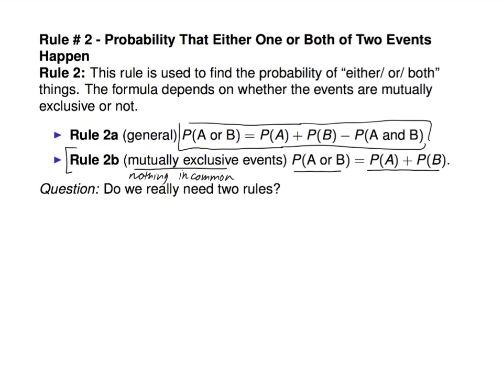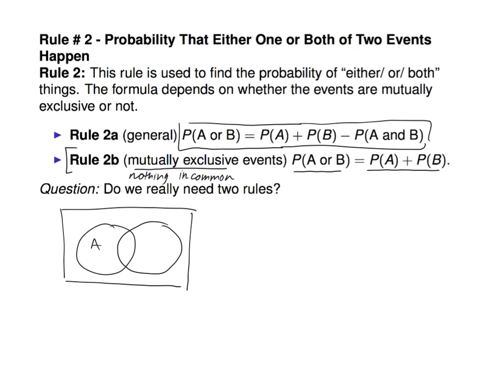And I think the best way to explain that is with a Venn diagram, because these are pretty helpful. So you have your event A, you have your event B. And you can think about the probability of A as the probability of the stuff in the A circle, like the area of the A circle. And the probability of B as the stuff inside the B circle.